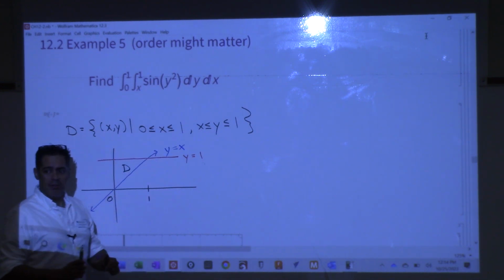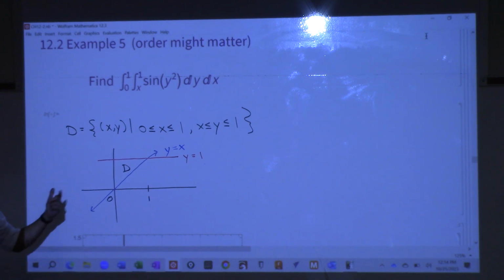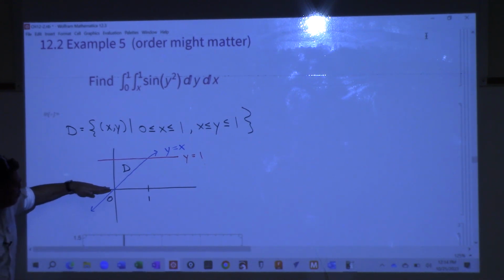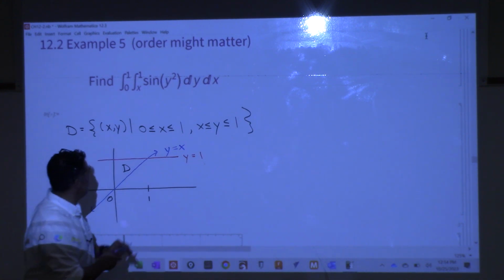What I'm going to do is switch it now. I'm going to change my D. Instead of a type 1, I'm going to change it to a type 2. And the reason I can do that is because this is also a type 2.